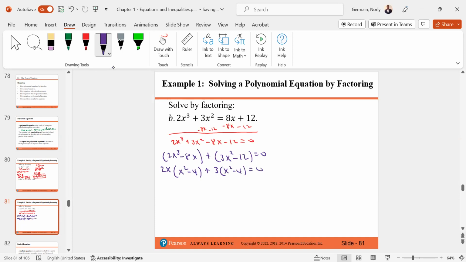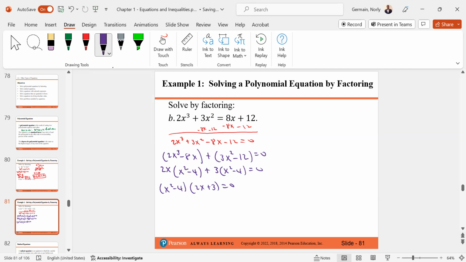Our goal is to make sure we have both of them the same, because we can factor x squared minus 4 times 2x plus 3. If you forgot why we need to do it this way, please review chapter P, preview. We went over factoring, and grouping was one of the techniques we use.